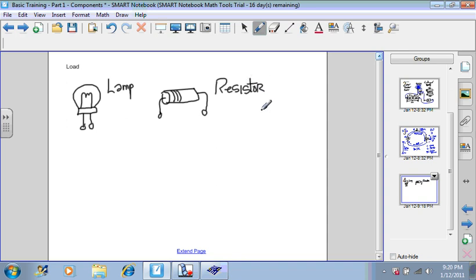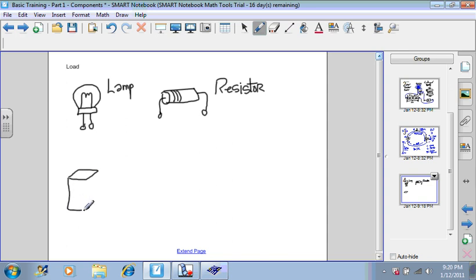Now both of these would be considered as loads because they are components that take energy from a power source.